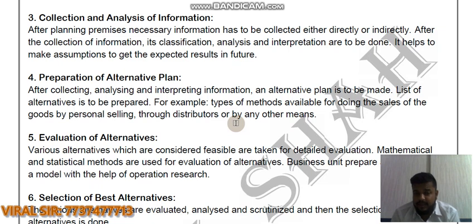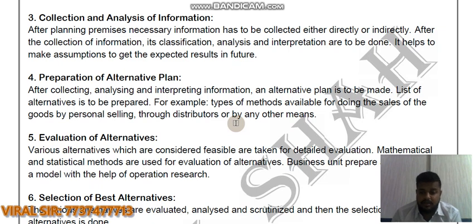So collection means setting up objectives, getting a range, and now in that range collecting the information either directly or indirectly, and then classification of data, analysis, interpretation of data, and then making assumptions about what we are expecting from the future, or how we can get the expected results in the future.